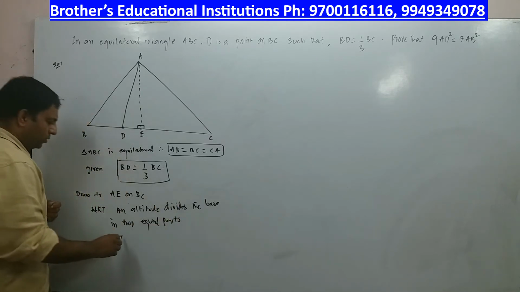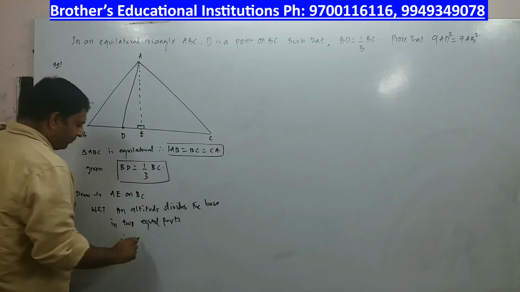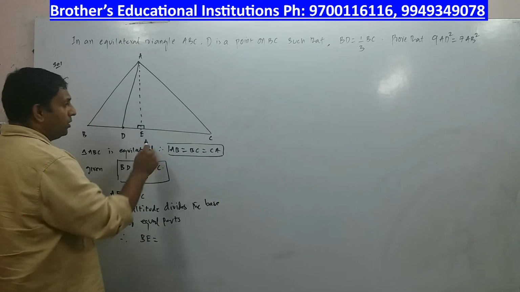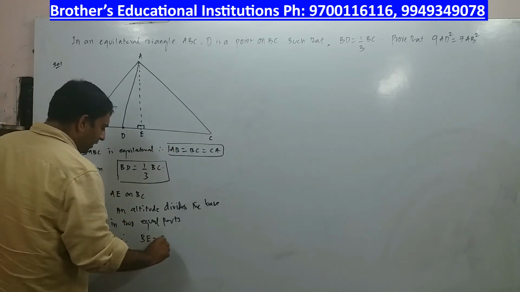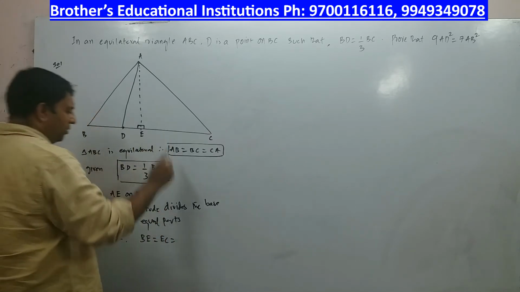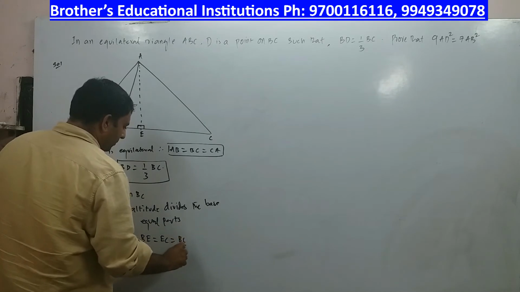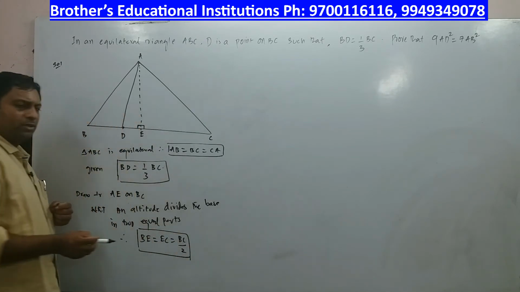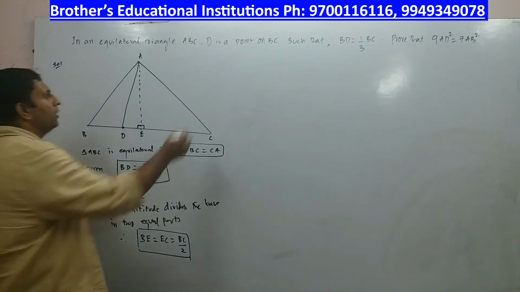Alright. So therefore BE is equal to EC is equal to BC by 2. BE is equal to EC and that is equal to how much? BC by 2.